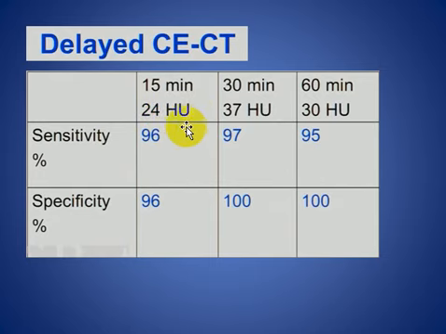If it is less than 24 HU, the sensitivity is about 96 and the specificity is about 96. If it is 30 minutes, the specificity is about 100%. And after 1 hour, the specificity is 100%, and the Hounsfield unit is less than 30.